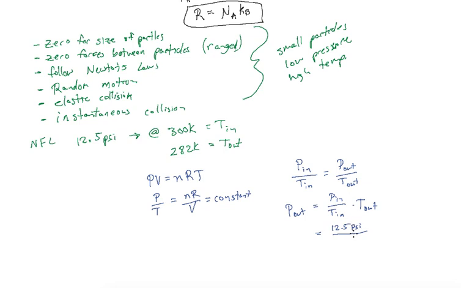This isn't an SI unit, I should probably point that out. The temperature inside was 300 Kelvin, and the temperature outside was 282 Kelvin. So what pressure would we expect them to get when they checked it at halftime? This turns out to be 11.75 psi.